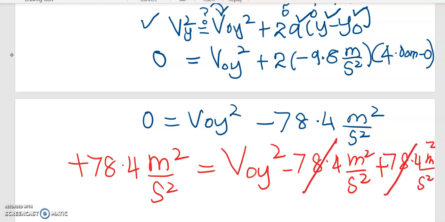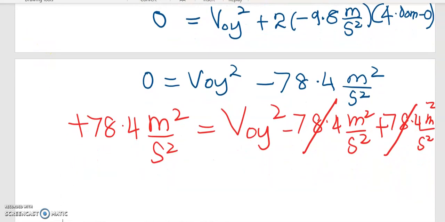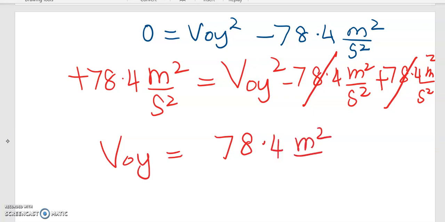You can cancel these two and you get v naught y squared is equal to 78.4, and v naught y is simply equal to the square root of 78.4 meters squared divided by second squared.